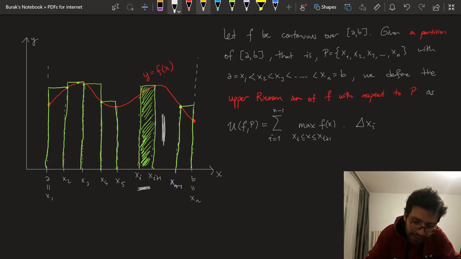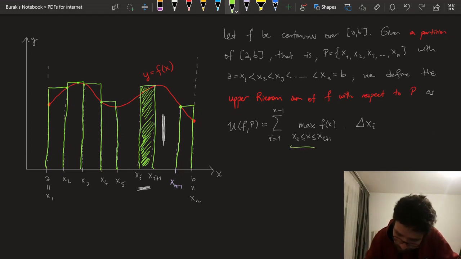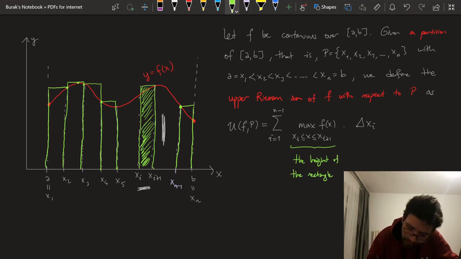So the term which I wrote over here, max of f(x), where x changes between xi and xi plus 1, this is the height of this rectangle.